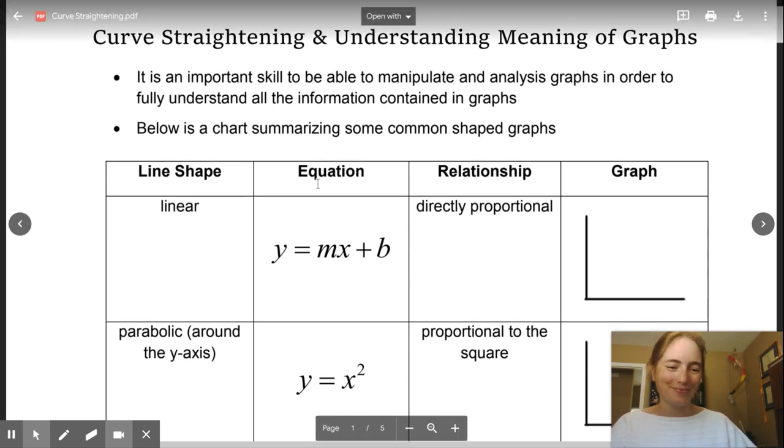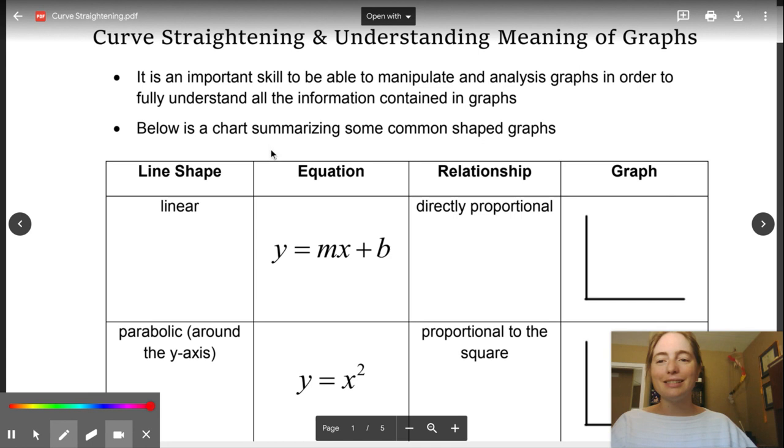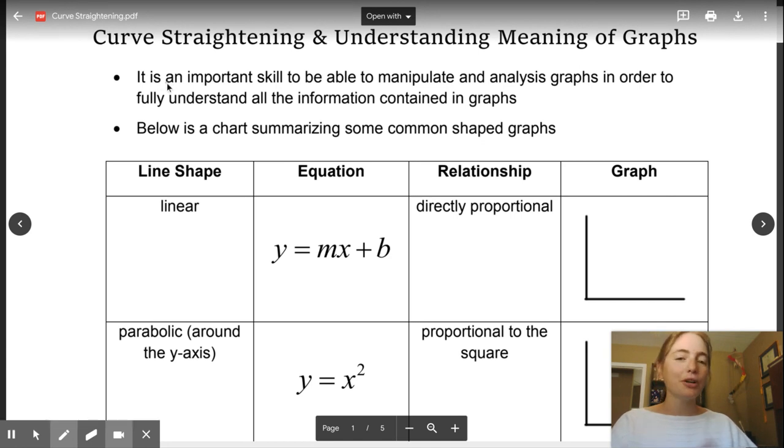All right, we're going to start with our first bit, being able to understand and analyze graphs, mathematically and algebraically. It's incredibly important to physics, and we're going to be doing a lot more graphing and y equals mx plus b than we did last year, because last year we just looked at the general patterns.